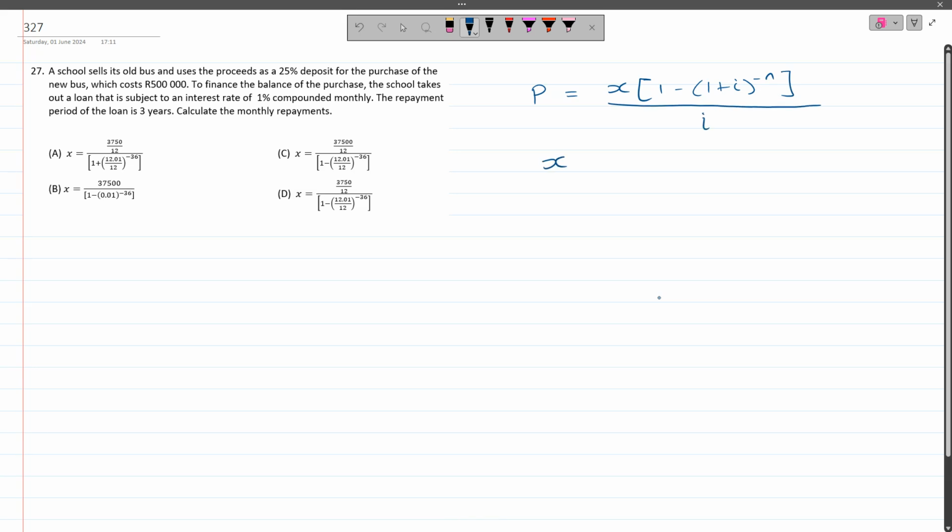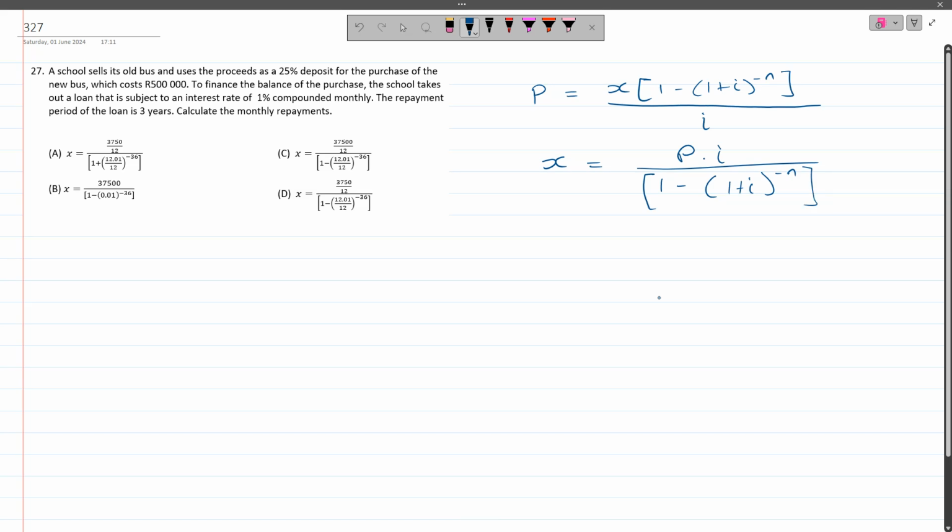But since we are solving for x, we make that the subject of the formula, giving us P times i all over 1 minus (1 plus interest) to the power of minus n. You can put that in square brackets.